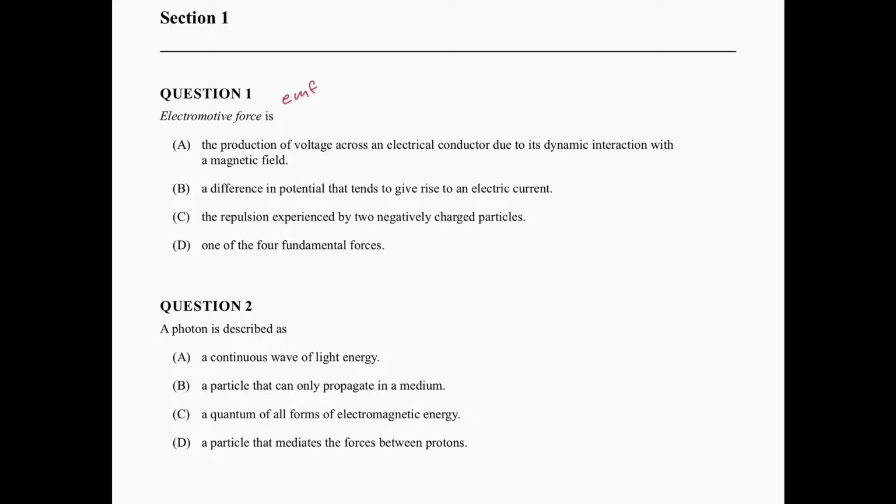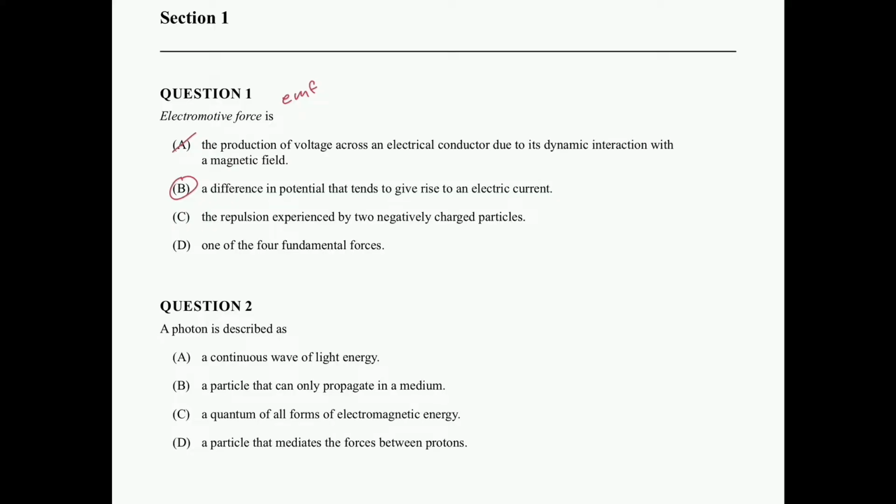All right. Option B, a difference in potential that tends to give rise to an electric current. So this to me reads as the answer for an electromotive force. Now, what we'll do is read through the rest and rule them out as well and make sense of the other choices. The other choice is the repulsion experienced by two negatively charged particles. Again, this doesn't describe the electromotive force.